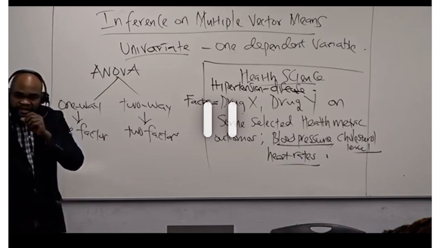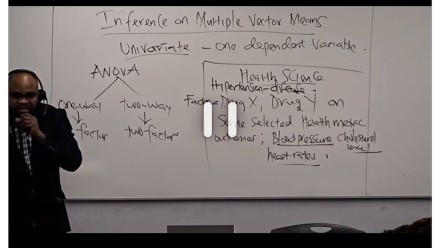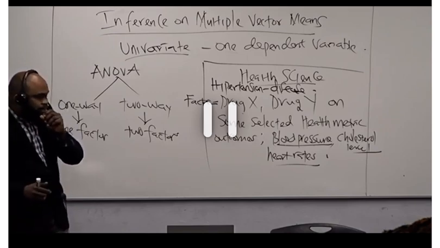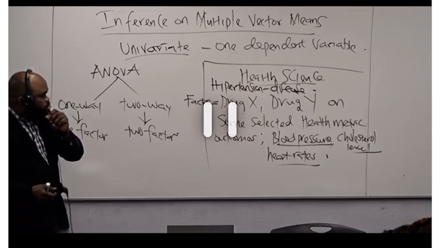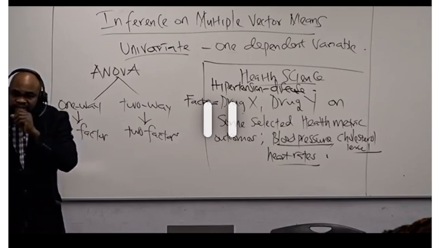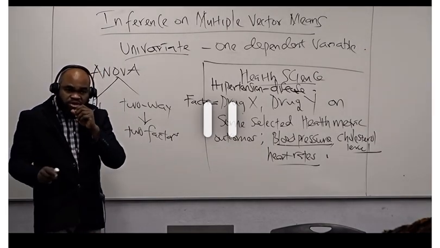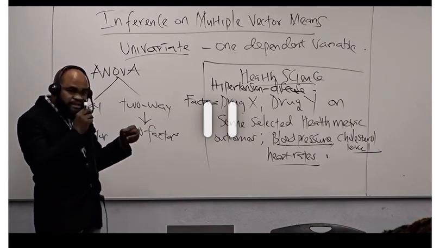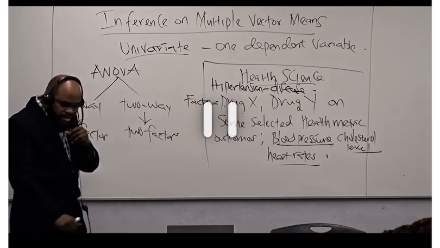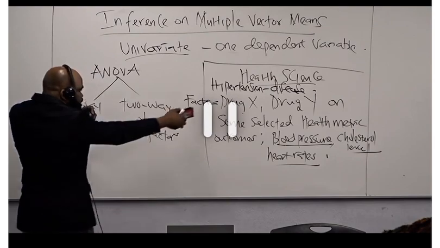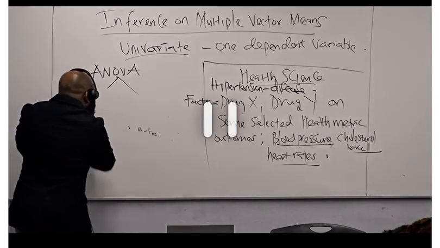Not only that, it enables us to detect multivariate effects, and thereby there is also a gain in statistical power. That is why we make use of multivariate analysis of variance here. I'm going to give another example now. I've just given an example in earth science.